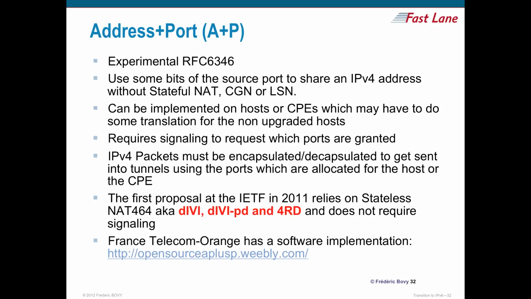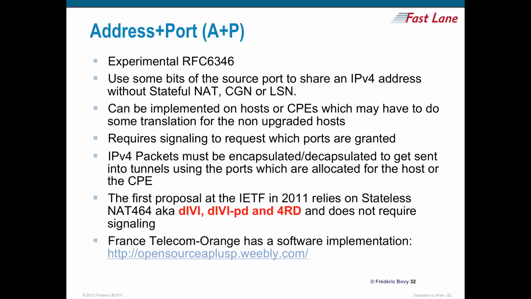And it may require some signaling. The signaling is to avoid the manual provisioning for each site, to configure each site with the source port range which is allocated to the site. The first proposal used DV and DVPD, and there is no signaling. It is based on manual provisioning, so you must configure each site with the range of ports which has been allocated to it.